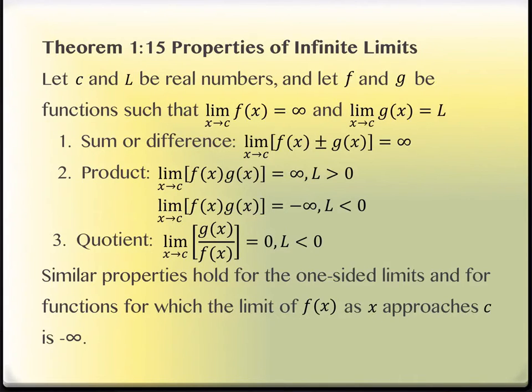So a good example of the first one failing would be if we considered the function where the limit as x approaches 0 of 1 over x. This would be infinity or negative infinity, depending on if we're approaching from the left or from the right. Let's approach from the right, and then it'll be infinity.